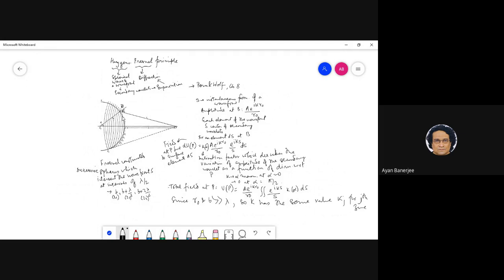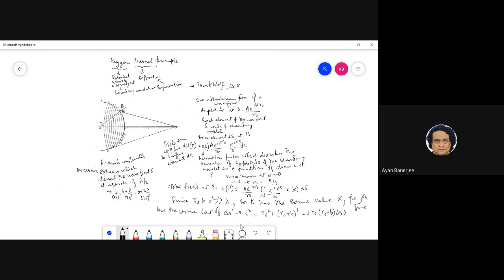This is S, that is R0, and this one is R0 plus B. You use the cosine law of triangles, and you will get S square, which is R0 square plus (R0 plus B) square minus 2 R0 into (R0 plus B) cos of theta.